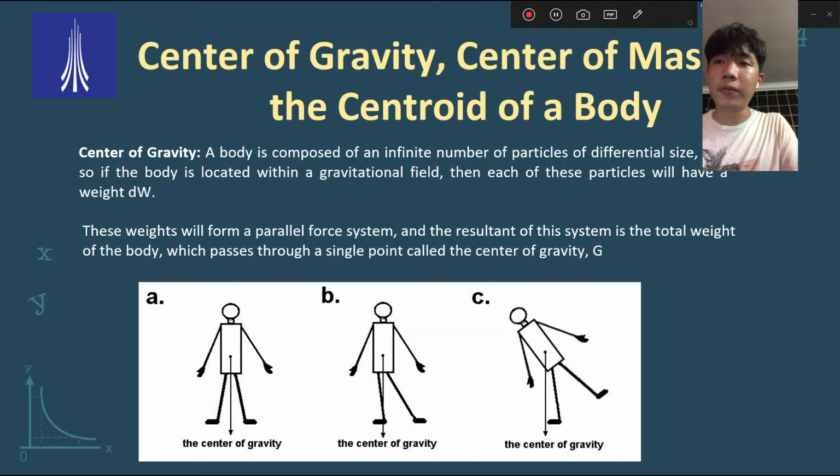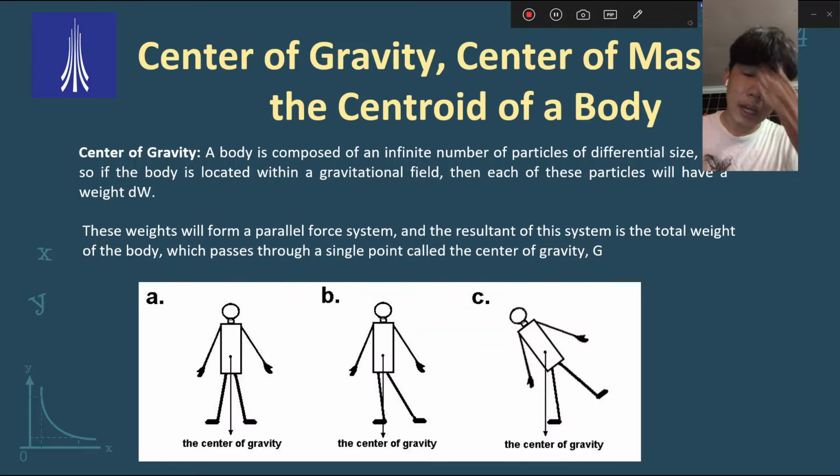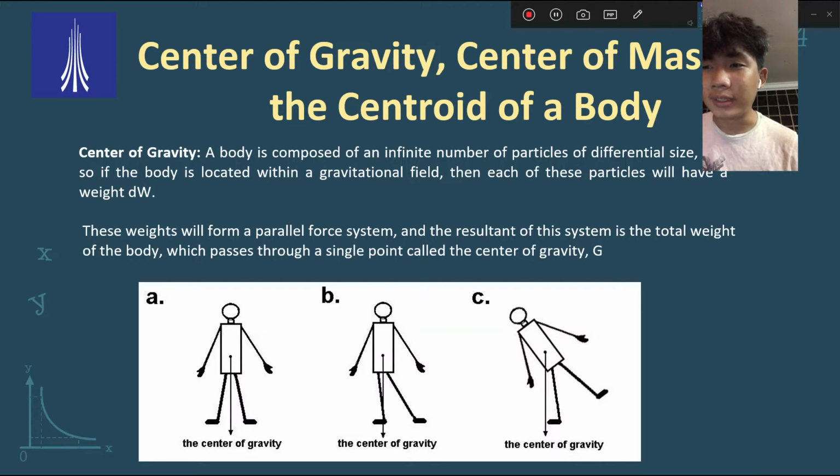These weights form a parallel force system, and the resultant of the system is the total weight of the body, which passes through a single point called the center of gravity. As you can see in the picture below, the center of gravity of the human body is located at our belly button.